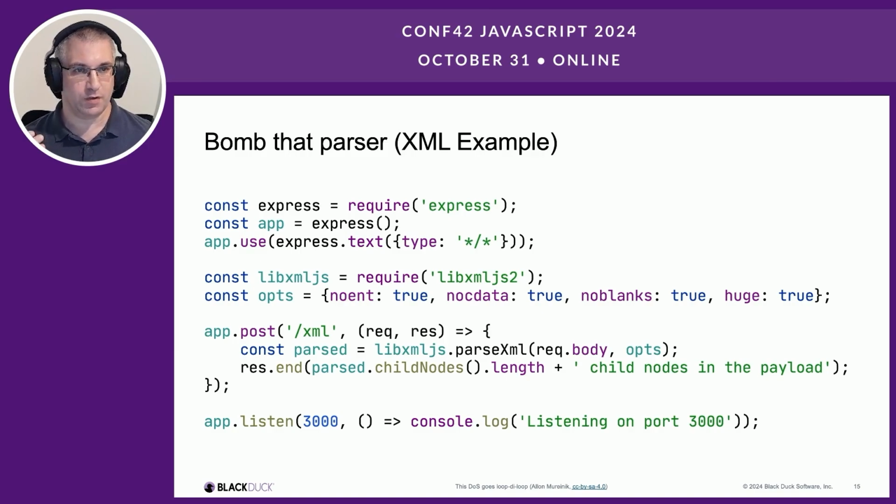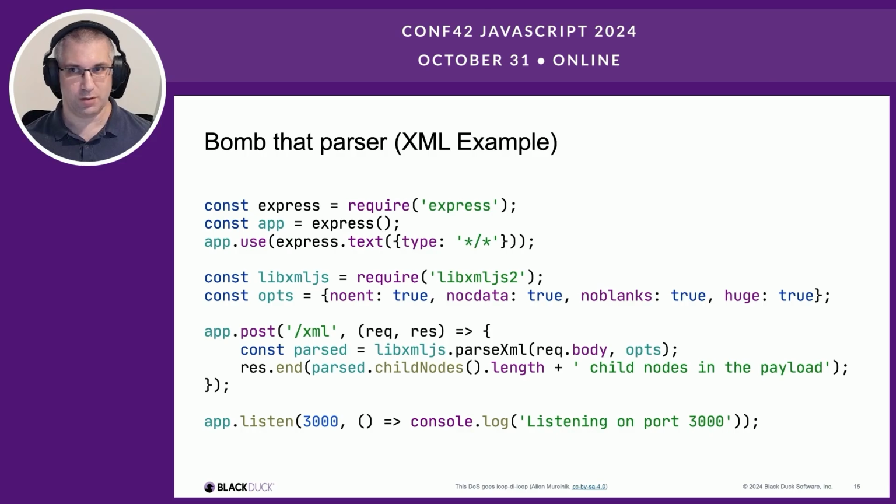So again, I have a very simple application. It takes a POST request, retrieves the body, parses it as XML, and returns the number of child nodes in the payload.